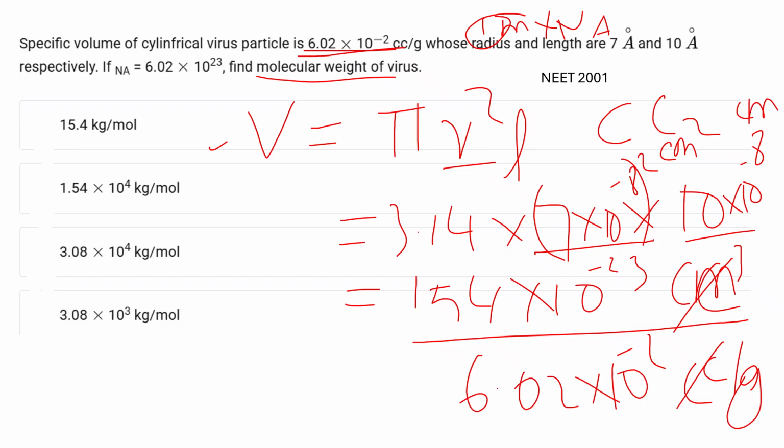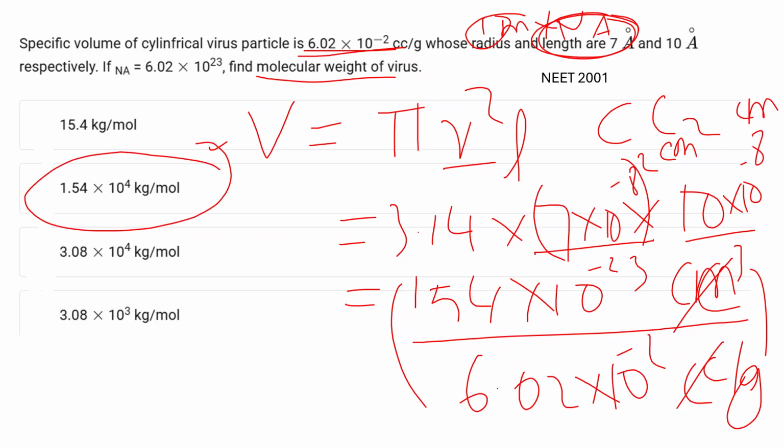Then we have to multiply by Avogadro's number. I will write it collectively here. We solve this and multiply by Avogadro's number. The answer is 1.54, sorry, there is no 10 to the power. It is nothing but 1.54 kilogram per mole.